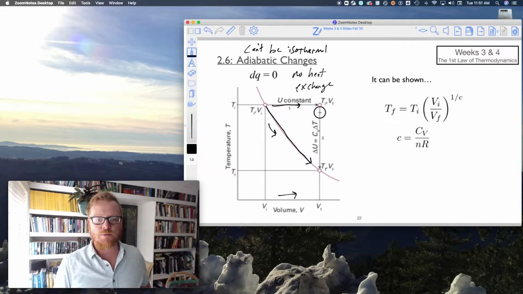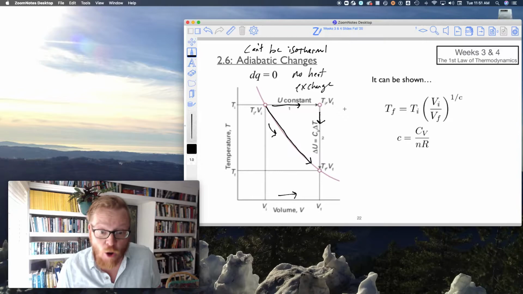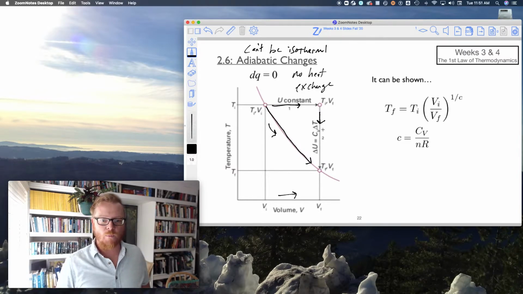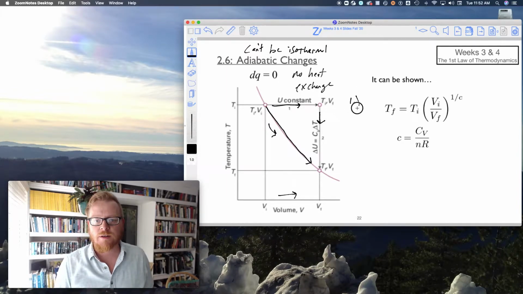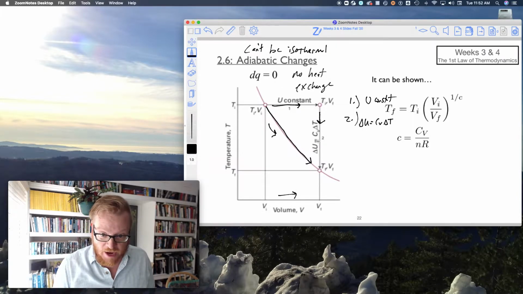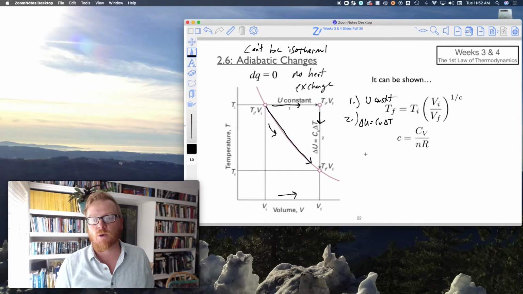But then there's motion along this line at constant volume, where there is a change. And so number one, U is constant. And number two, you notice that this says delta U equals CV delta T, because along this line right here, that's a constant volume line. So we can call up this equation for constant volume.